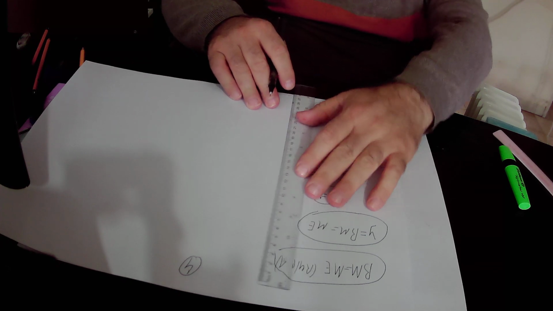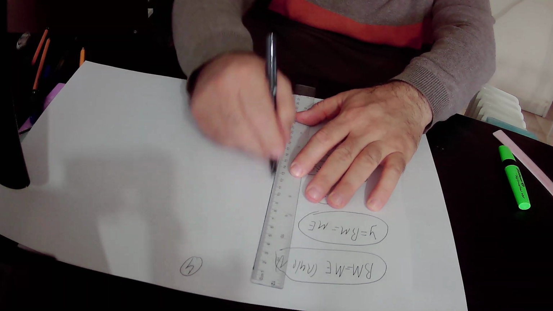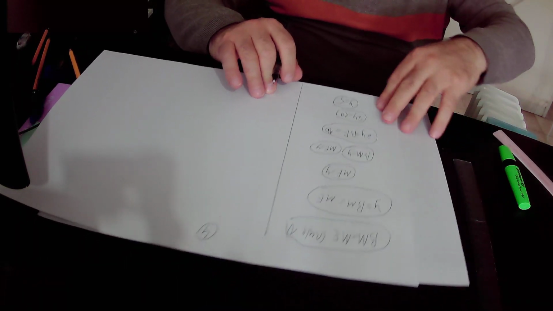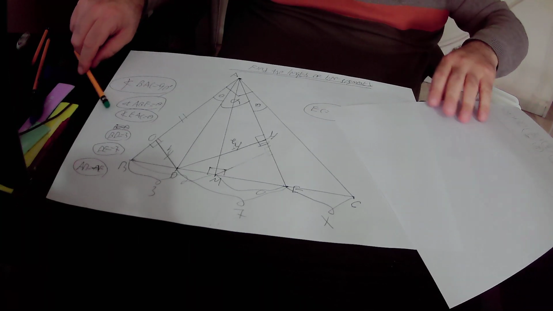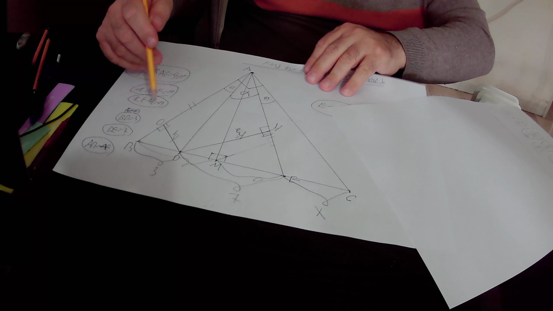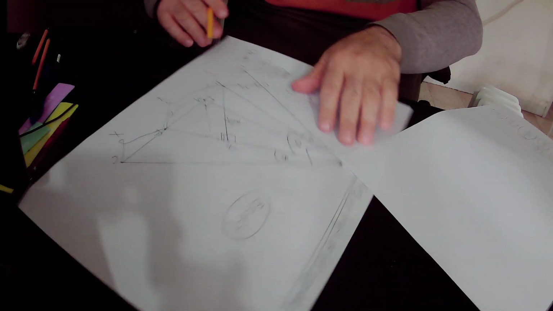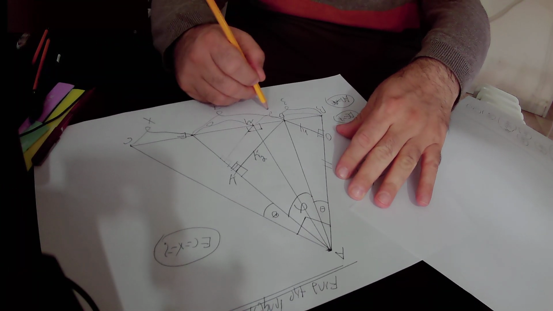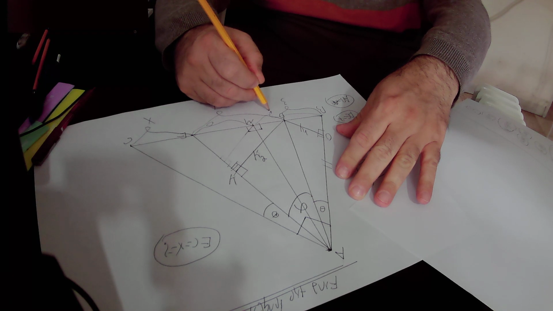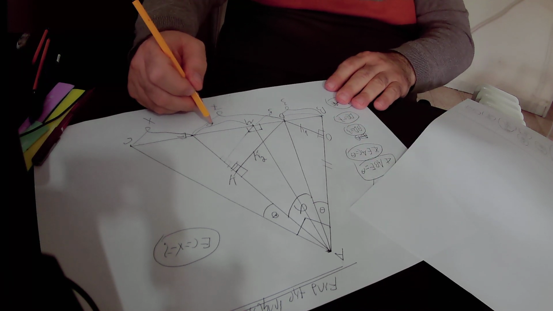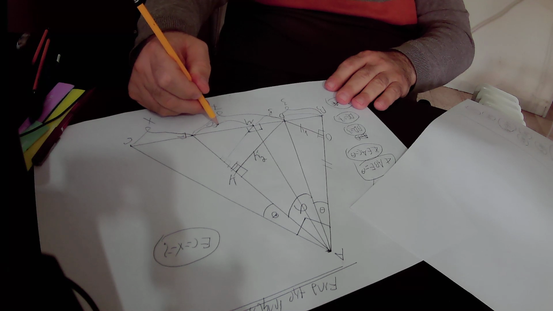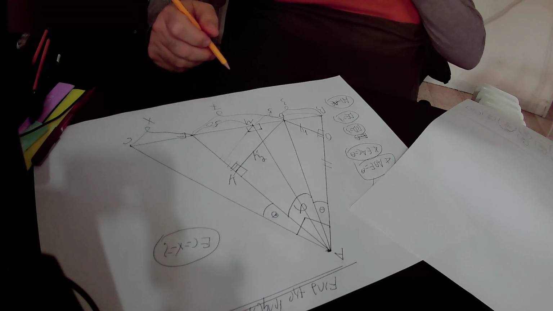So we can write down that BM equals Y equals 5 units, and ME also equals Y equals 5 units.